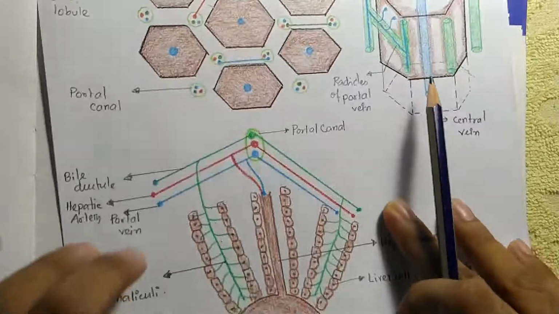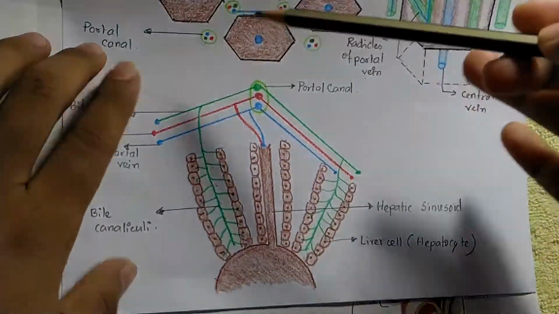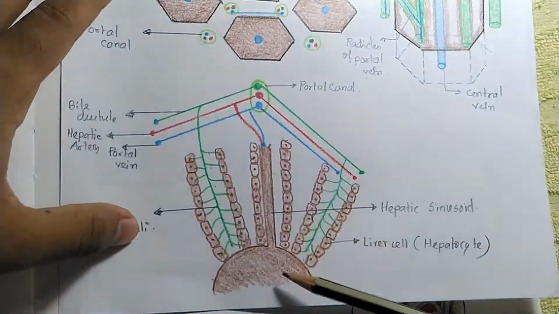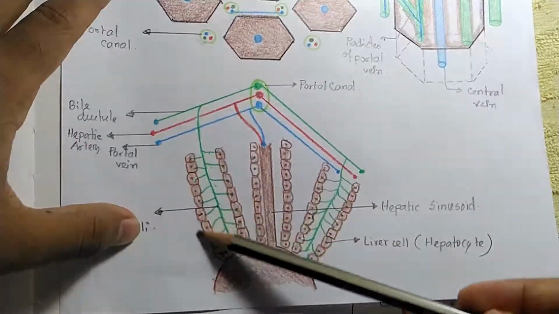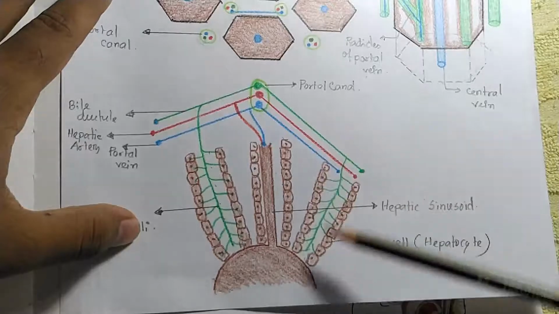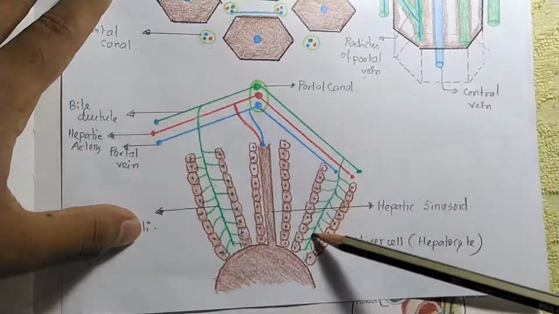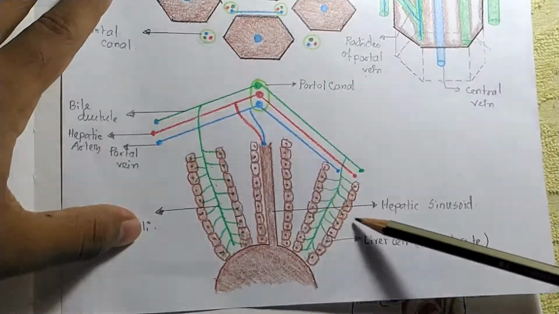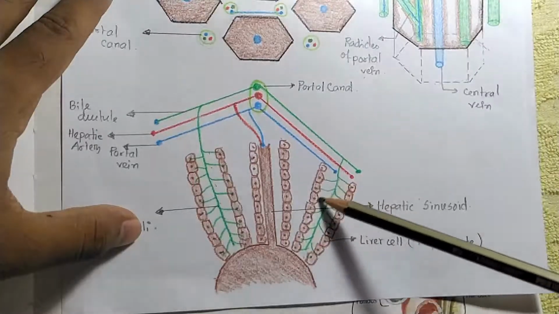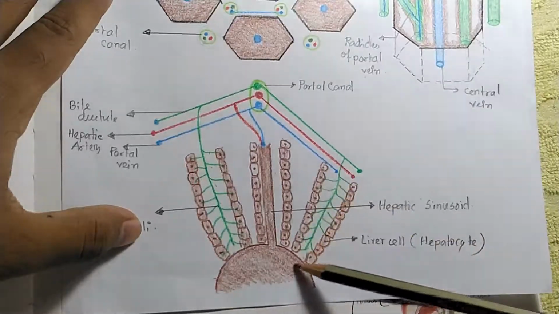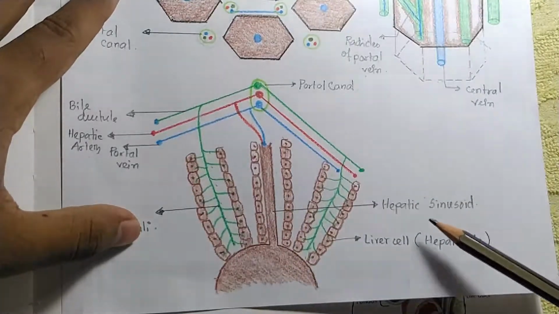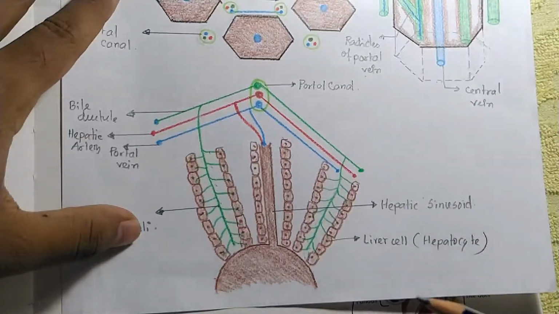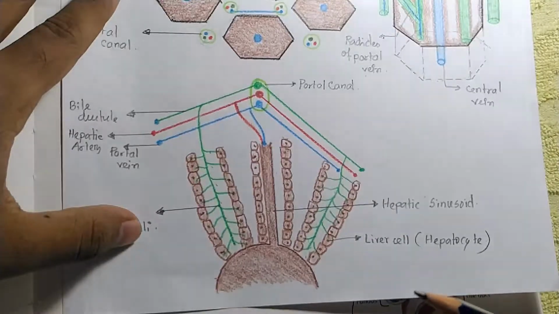Okay, so see, these are the hepatocytes that lie in a longitudinal plane, column like. In between two columns the hepatic sinusoids are present. A sinusoid is nothing but a combination of portal vein and hepatic artery.